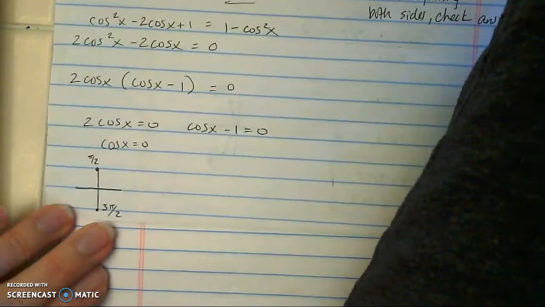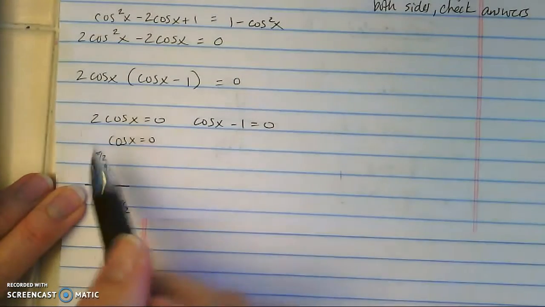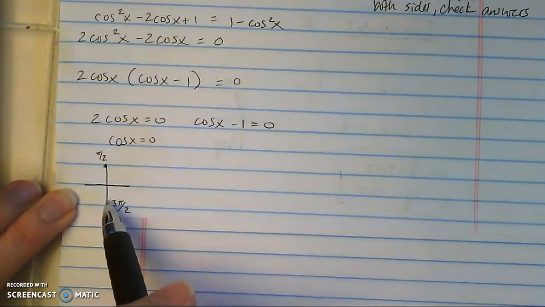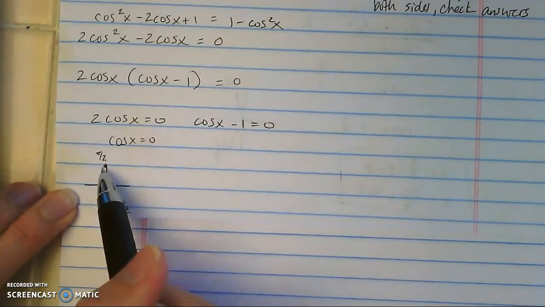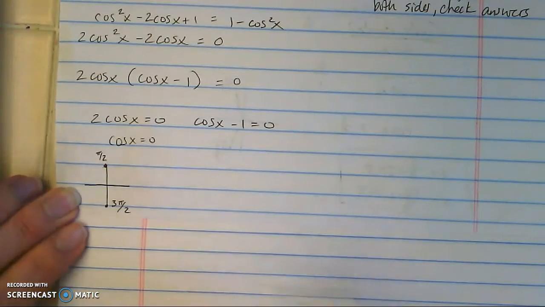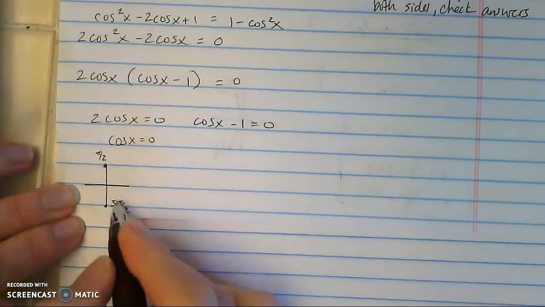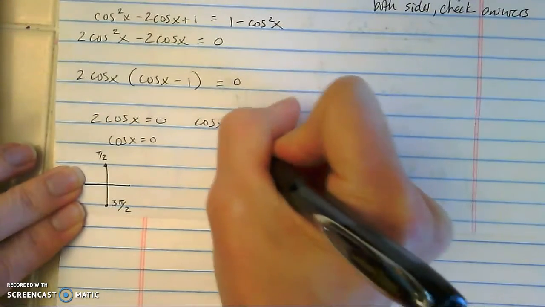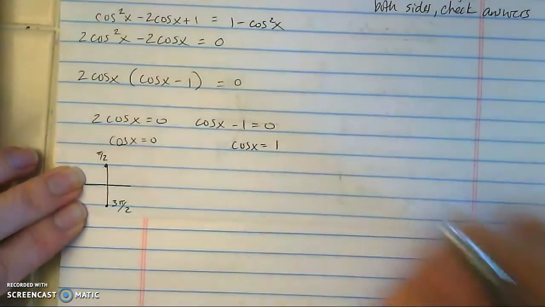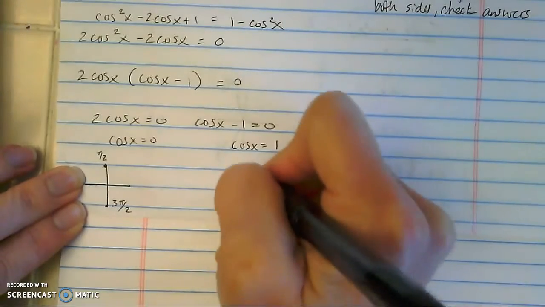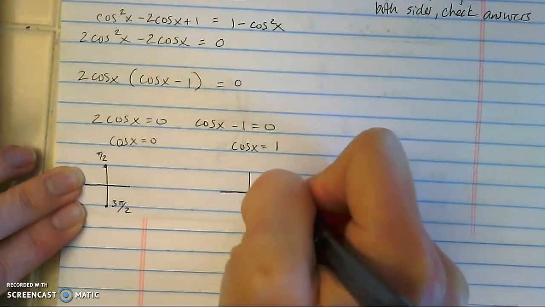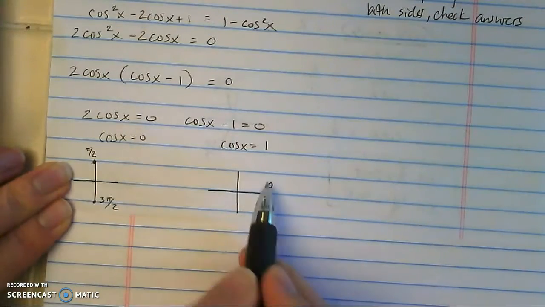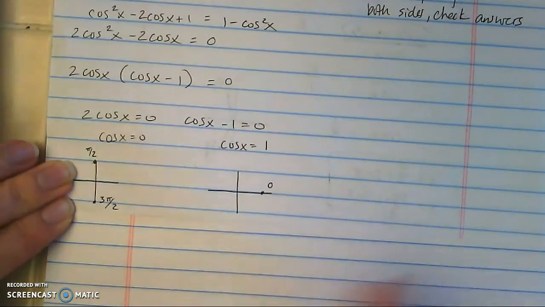If I wanted to, I could do this one plus pi n. But I do need to check for extraneous solutions on both of those before I can do that. Over here, add 1 to both sides, and you get cosine equals 1. Where is that? That happens at 0. Okay, so I need to check these 3 answers in my original problem.